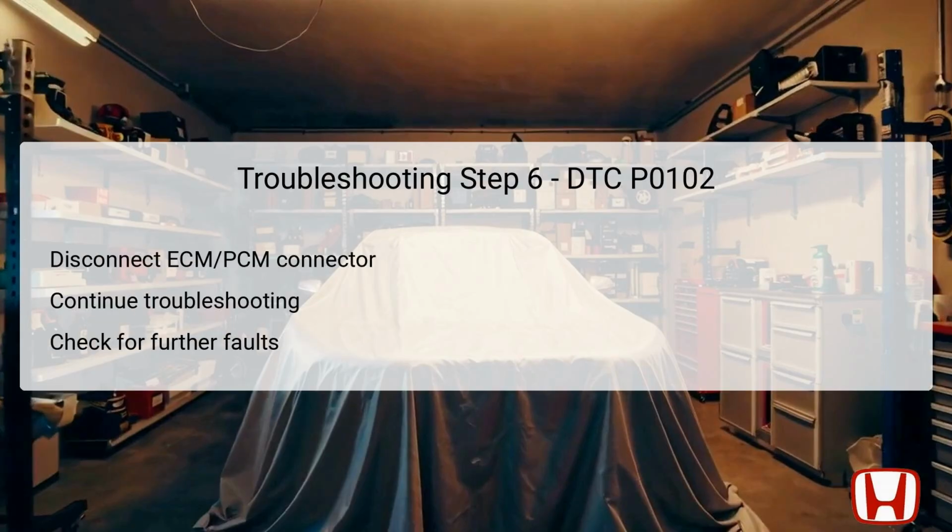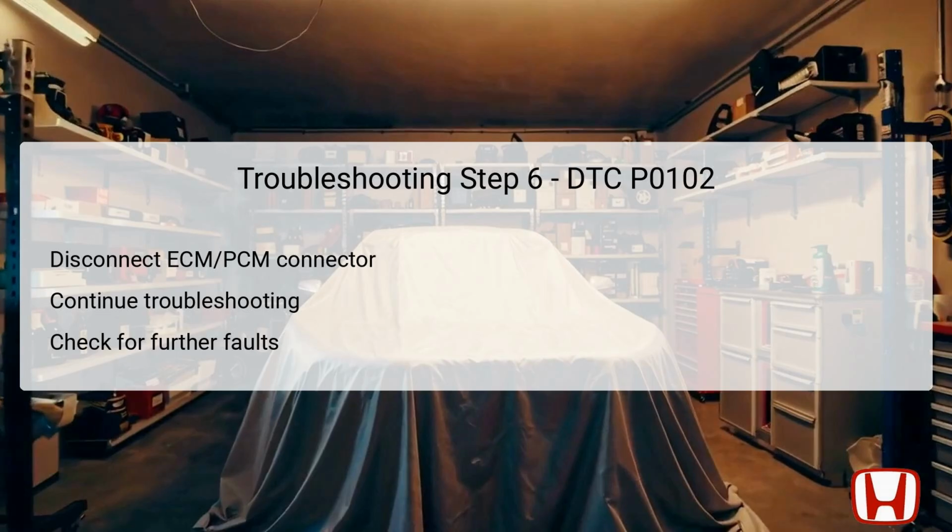The final step in our outlined troubleshooting process involves disconnecting the connector B49P from the ECM or Powertrain Control Module, PCM. The ECM-PCM is vital for the vehicle's operation as it manages engine performance and emissions control.